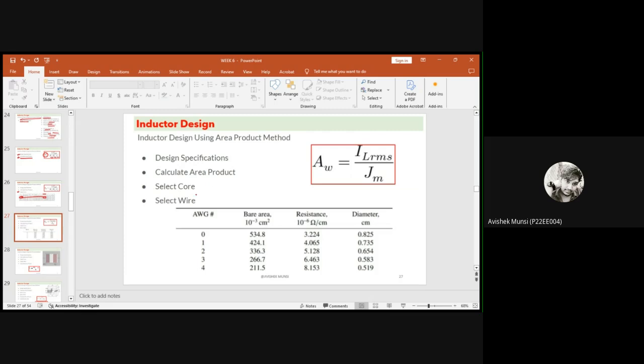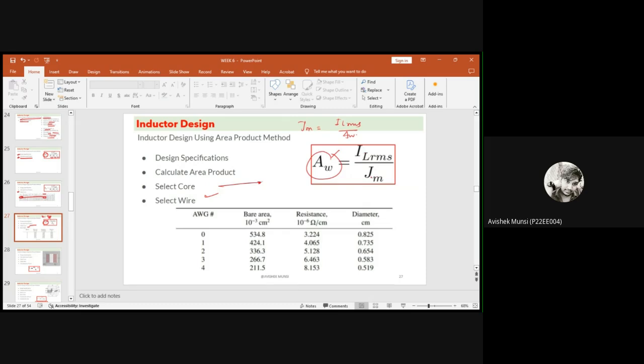Next, we have to decide the wire. How can we decide the wire? We know that the current density is basically the inductor RMS current, I_L RMS, divided by the window area. So after selecting the core we can get A_W, and we have the current decided.